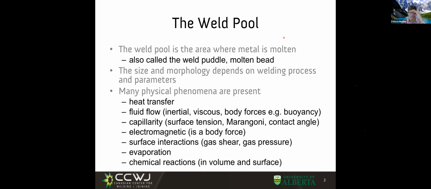These formulas, we have tested them. They are amazing, actually. But overall, we say melting temperature, and that defines the weld pool. The size and the shape of the weld pool depends on the process parameters, on what process you're using.